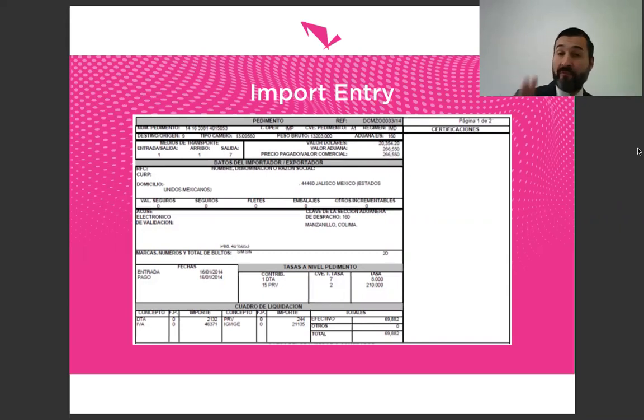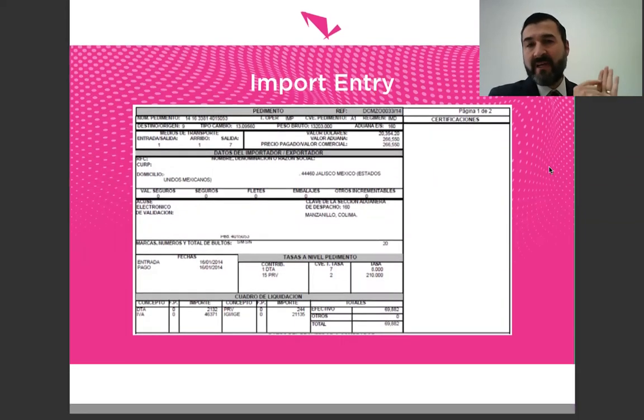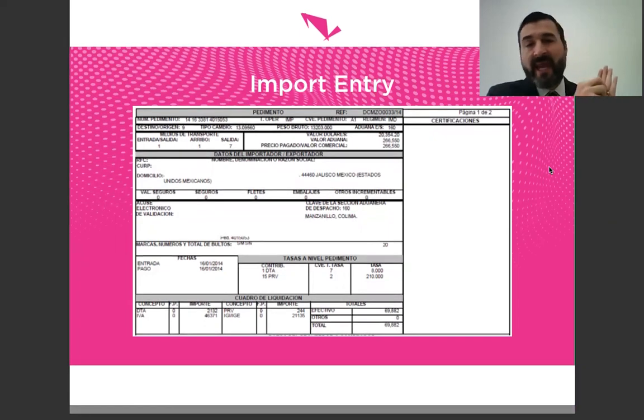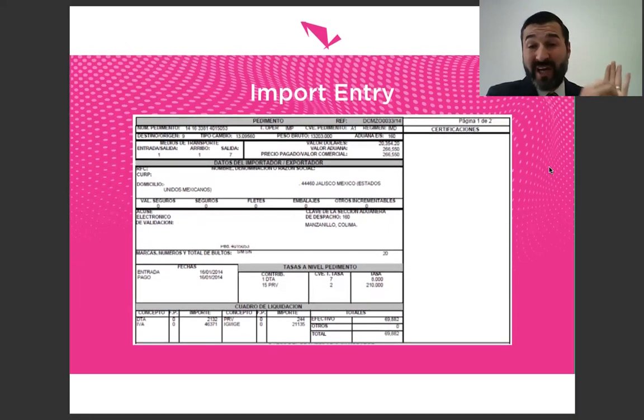Okay, so formal stuff. And another very important issue is that we have to evidence that we are the legal owners of the goods. That means that we have to have a sales invoice. Super important. A sales invoice where the seller specifically indicates the value of the goods and the price that we paid for those goods.